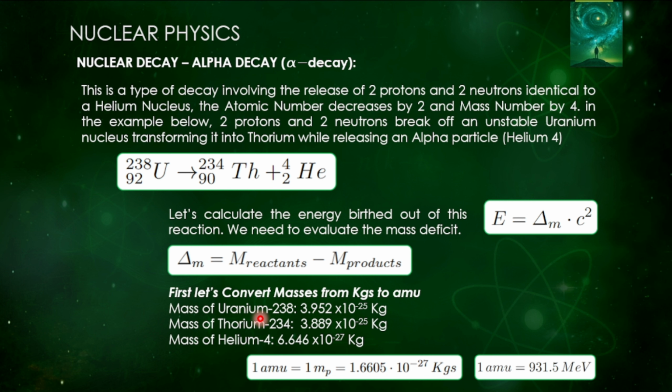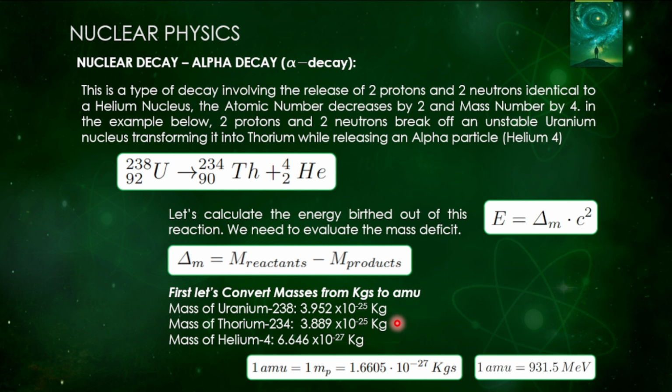So the mass of uranium, U-238 here, is 3.952 × 10^-25 kilograms. We'll get them in kilograms at first. The mass of thorium-234 is 3.889 × 10^-25 kilograms. And the mass of helium-4 is 6.646 × 10^-27 kilograms.